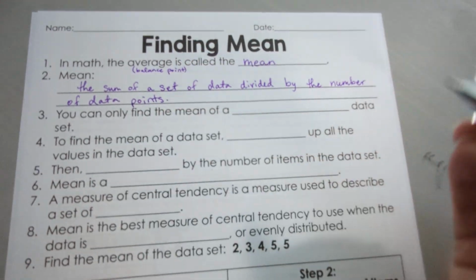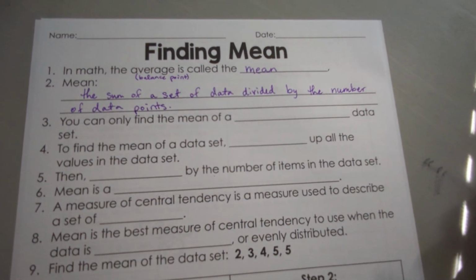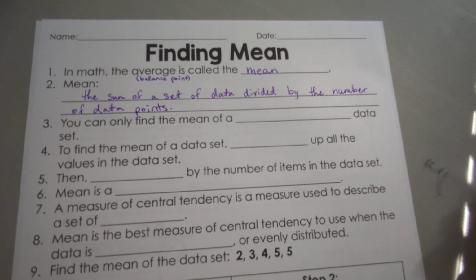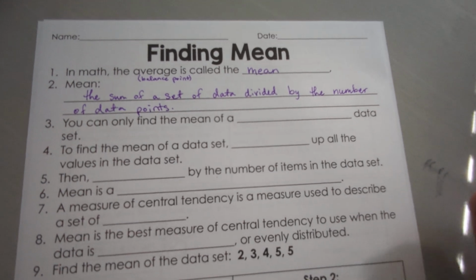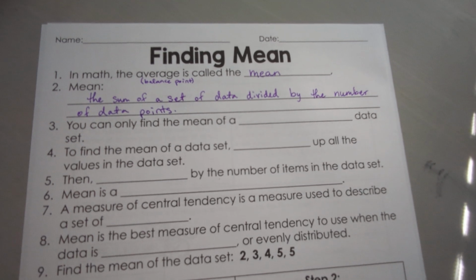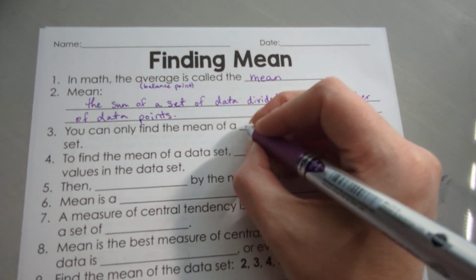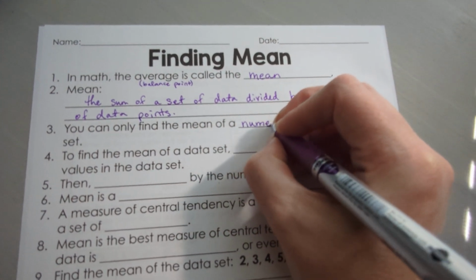All right, so again, the mean is the sum of the set of data divided by the number of data points. So the thing is because we're talking about adding things up and we're talking about dividing, that means we have to have numbers. So we're using numerical data.